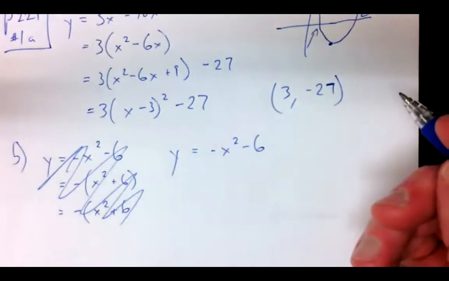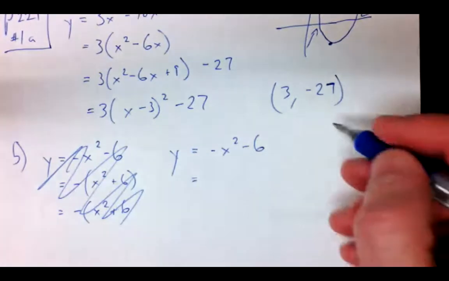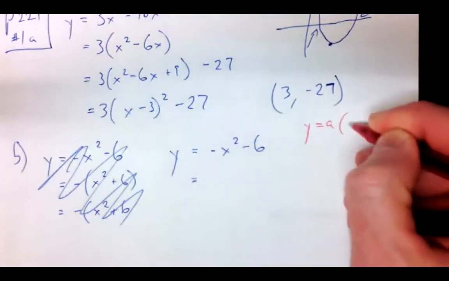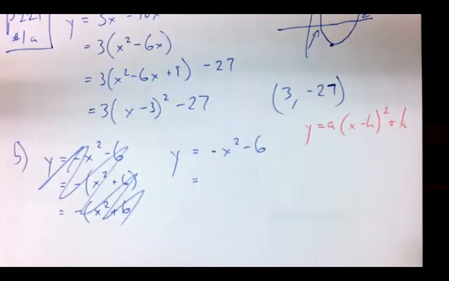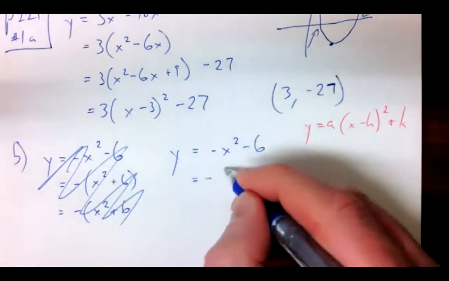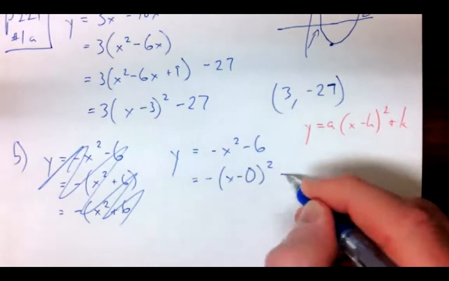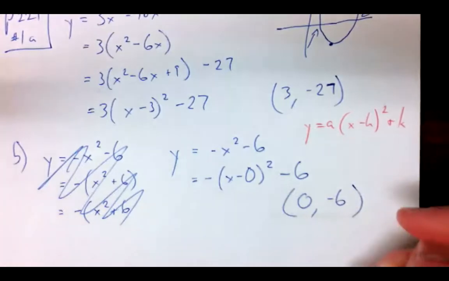Okay, so to put this into square form, remember square form: y equals a(x minus h) squared plus k. In this case, the h is 0, so it's negative (x minus 0) squared minus 6. Our vertex is 0 and negative 6.